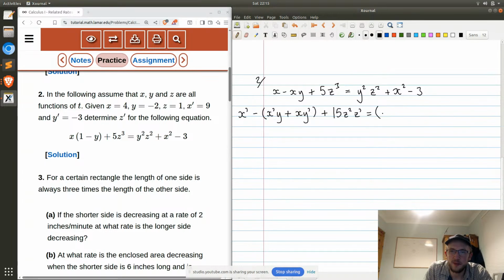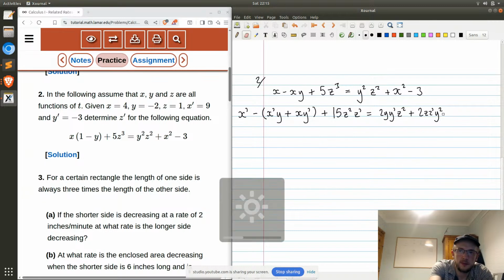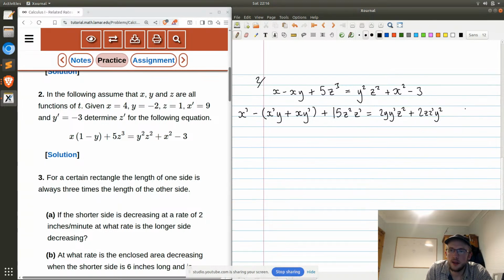Okay, so 2y y prime z squared plus 2z z prime y squared plus superfluous brackets plus 2x, x prime, and then the constant disappears.